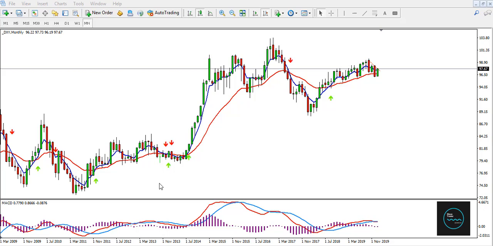So this is the last week of January 2020, and I'm having a look at the dollar index. The reason why I pay attention to the dollar index is because if you know where exactly the dollar is going, you have a handle on so many of the currencies.